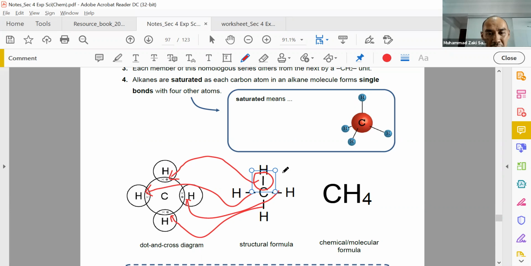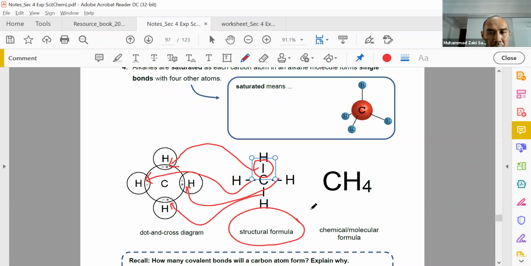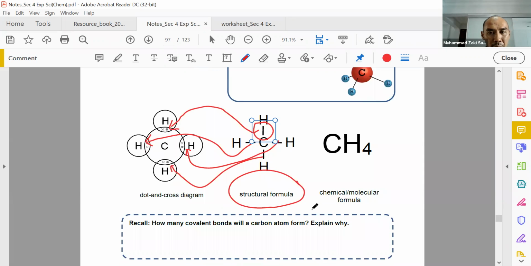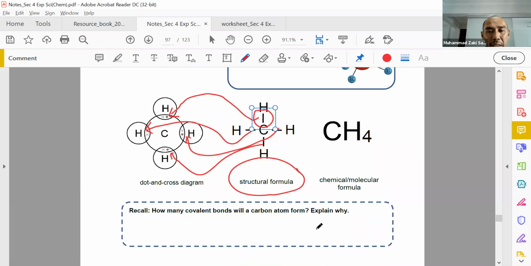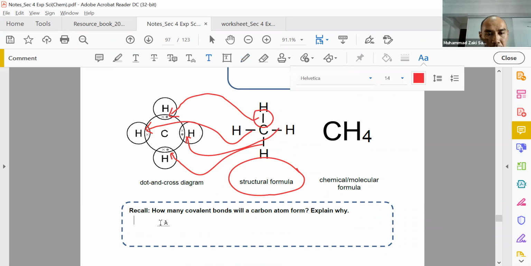Something like this. We call this the structural formula. Then the question here asks, how many covalent bonds can a carbon atom form, and explain why. If you remember, one carbon atom in the model has 4 holes. So it can form 4 covalent bonds. Why?